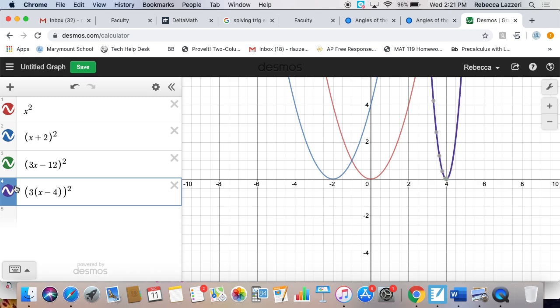So some teachers teach you to factor out the 3. All right? And then look at how far it's moved. I basically am doing the same thing, but making it easier on you. You are kind of factoring out the 3 when you add 12, and then what do? Divide by 3. So it's a whole lot easier just to always set that equal to 0. It'll tell you where it goes.